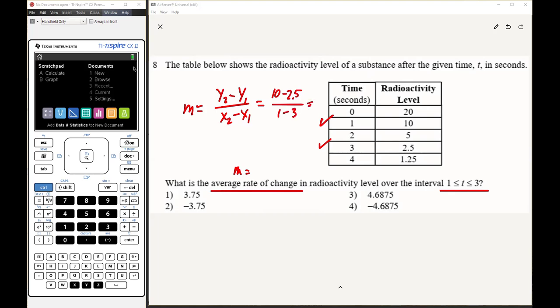So that's going to be a negative 2 on the bottom because 1 minus 3 is a negative 2. And 10 minus 250 is going to be negative 240. So now if we divide this by negative 2, we will have 120. So the answer for this one is 120.